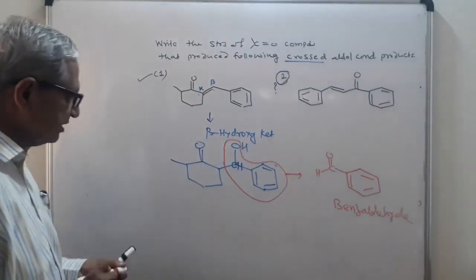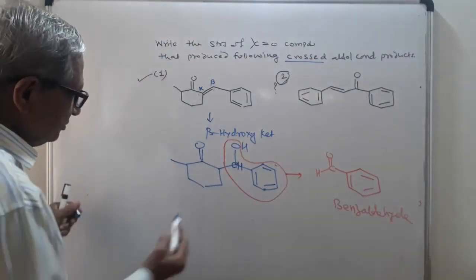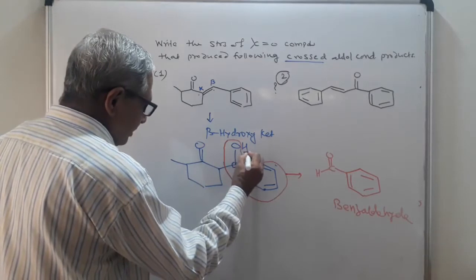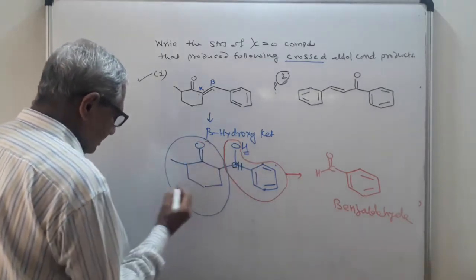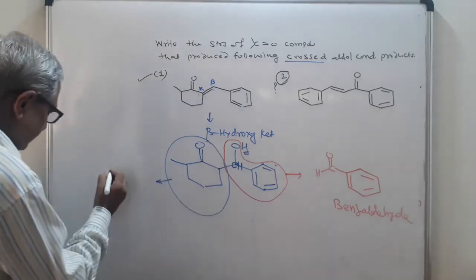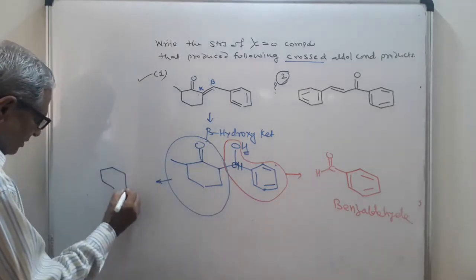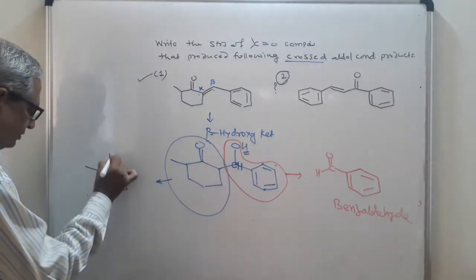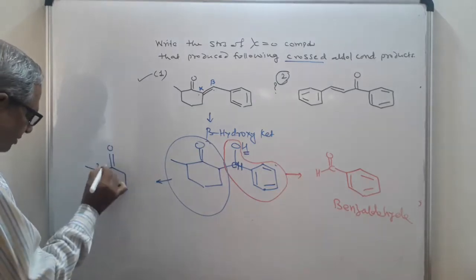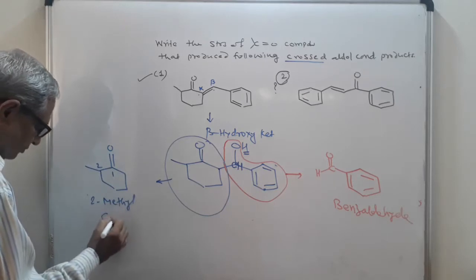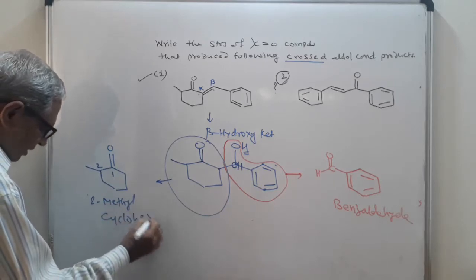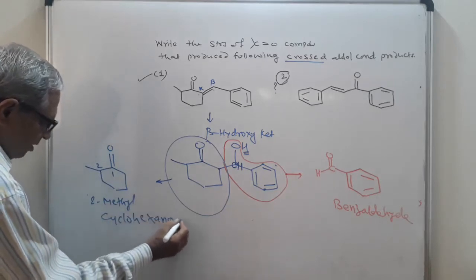Now see, the other structure will be like this. This remaining hydrogen will be combined here, and you will get the other structure. The second structure will be like this, a cyclohexane ring with the methyl group. So you will get the 1 and 2. This will become 2-methyl cyclohexanone.